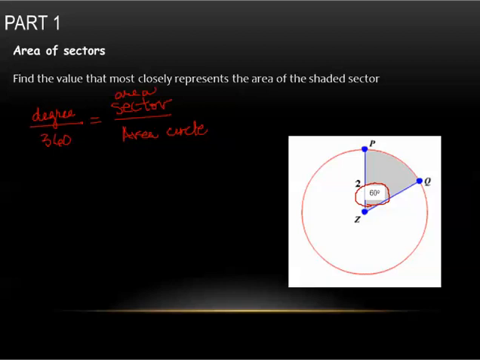That's always how you're going to set up your proportion. So the degree measure that they gave me for this sector was 60 over 360. I don't know the area of the sector, so I'm going to let that be x.